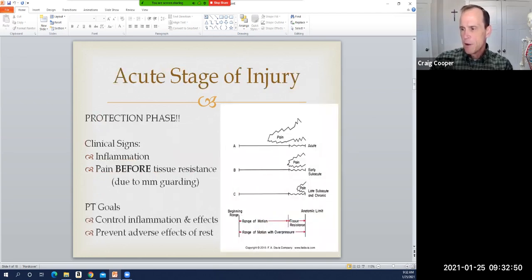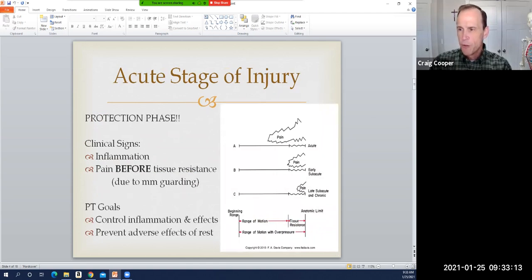So we'll see this slide on the right for the next handful of slides, and it's showing when the person experiences pain. These two vertical lines on this bar on A1 describe the normal available range of motion before we feel any kind of stretch.